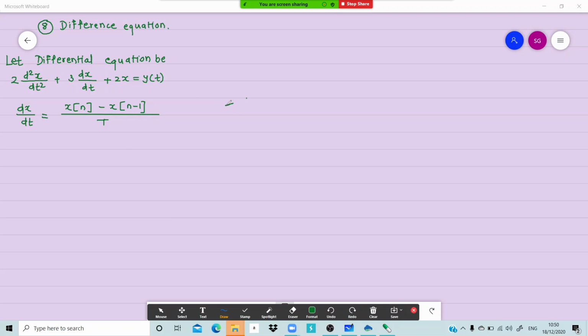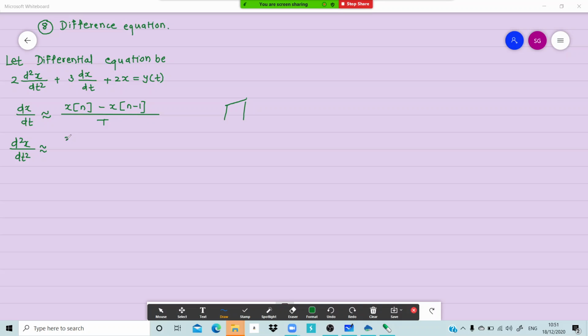You are not having the continuous thing, but you are having the sample value. So these two values divided by the time period will give you dx by dt, right? On the same line, when you are having d2x by dt square, I should not write actually equal to, I should write approximately equal to this one.